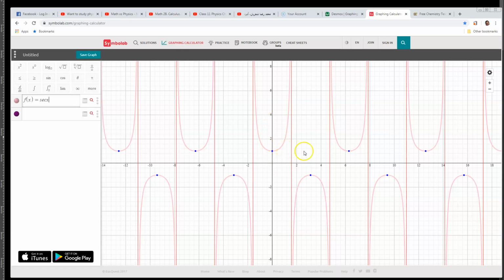So now what we did was that we restricted the domain of this function to 0 to pi, from here all the way up to here.